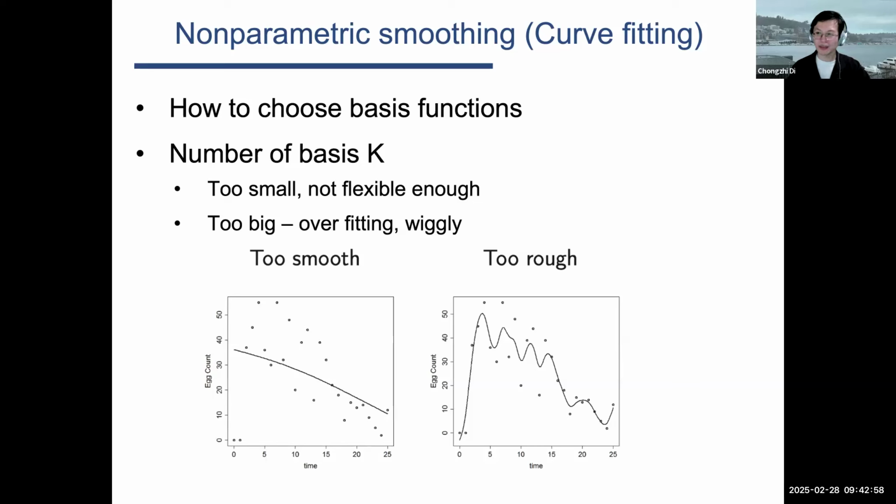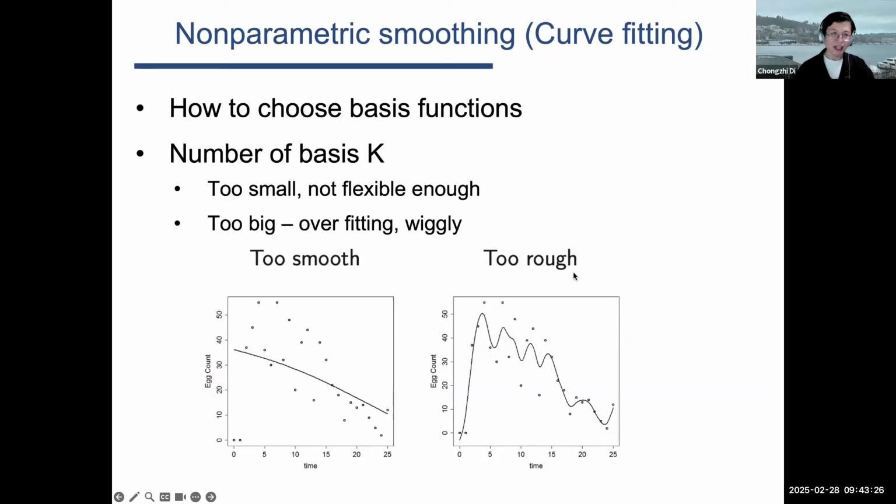The most extreme case, let's say if you have maybe 25 data points, if you choose 25 bases, then what you end up doing is actually connecting all the dots. So it becomes too wiggly and overfits the data. So the fitted curve is too rough. So what we hope to do is achieve somewhat of a compromise in the middle. So not too smooth, not too rough.